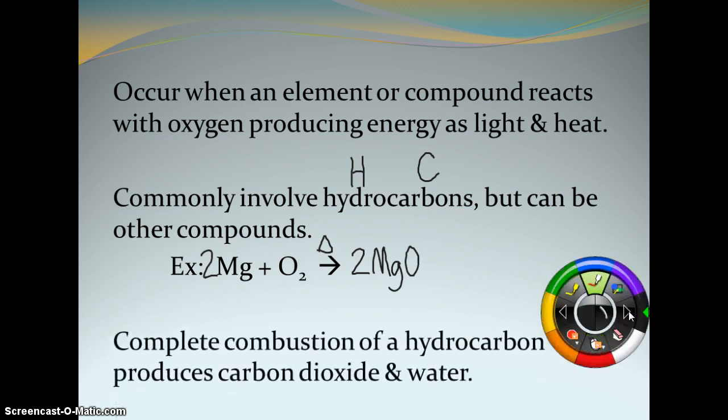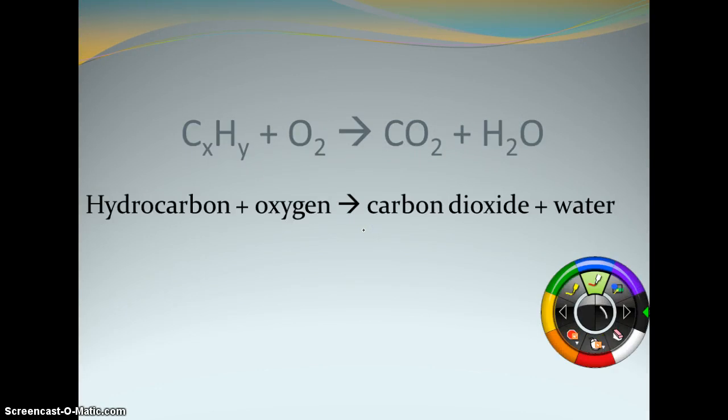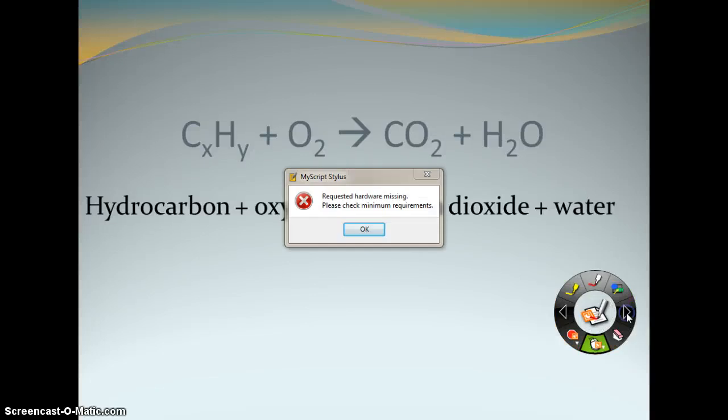Complete combustion of a hydrocarbon is going to give us carbon dioxide and water. And these are the reactions that we're focusing on. So your general reaction is going to be a hydrocarbon, usually just a hydrogen and a carbon in some ratio, plus oxygen, yielding carbon dioxide and water.